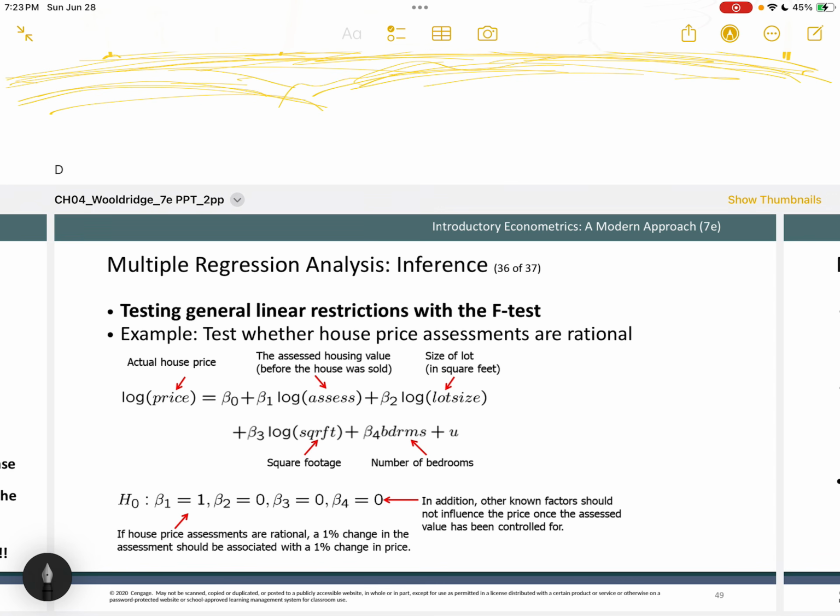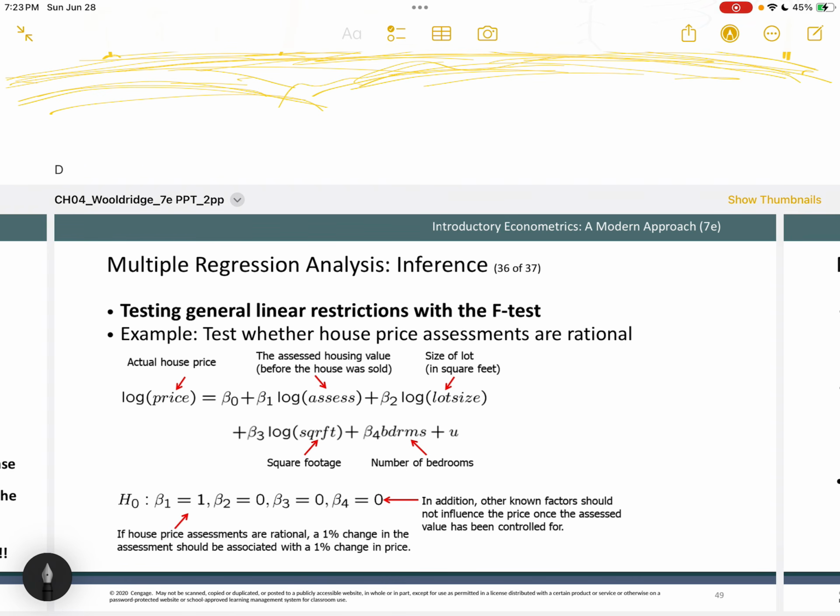Now, in this example, we are testing whether house price assessments are rational. So if house price assessments are rational, then for every percentage change in assessment, there should be an associated 1% change in prices.